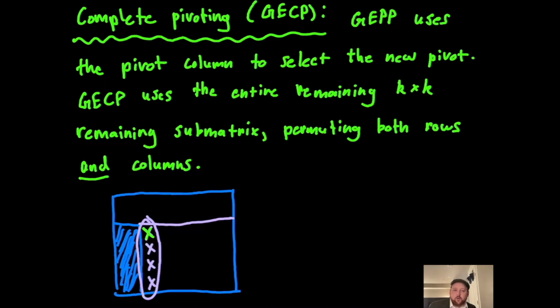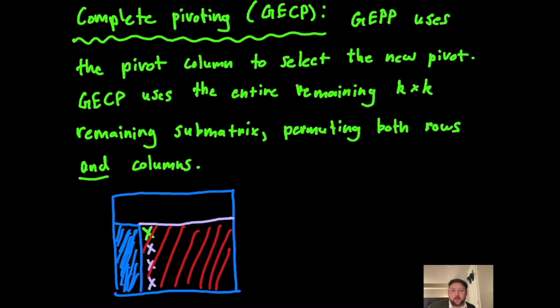So what is Gaussian elimination with complete pivoting? With partial pivoting, we only look down the column that we were in. With complete pivoting, you're going to look through the entire remaining submatrix and find the largest entry in absolute value over this entire submatrix.